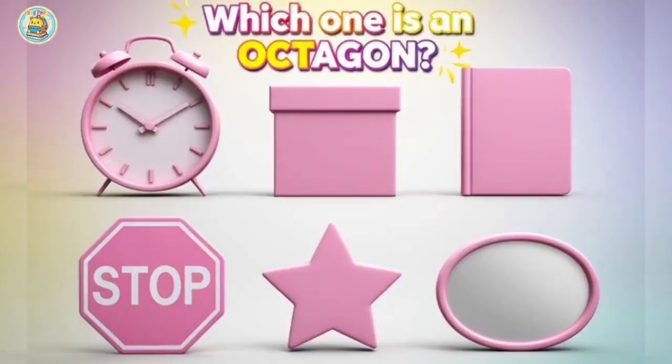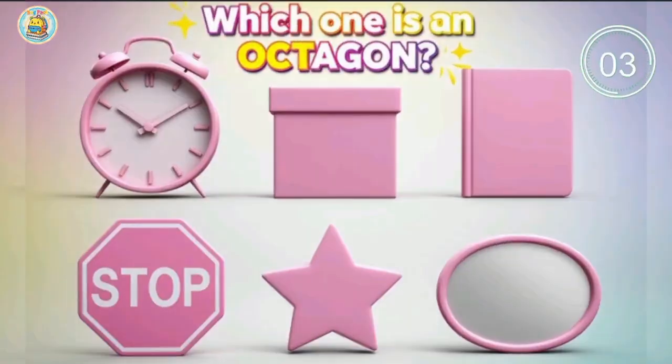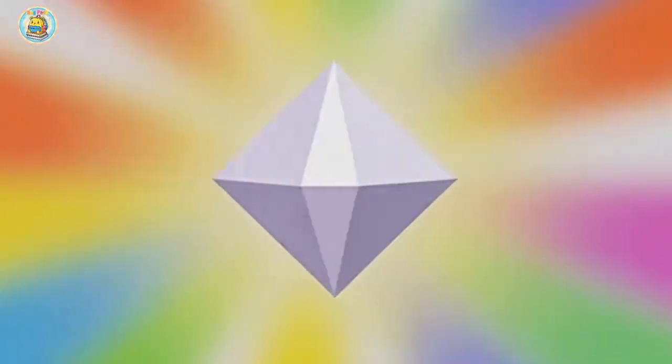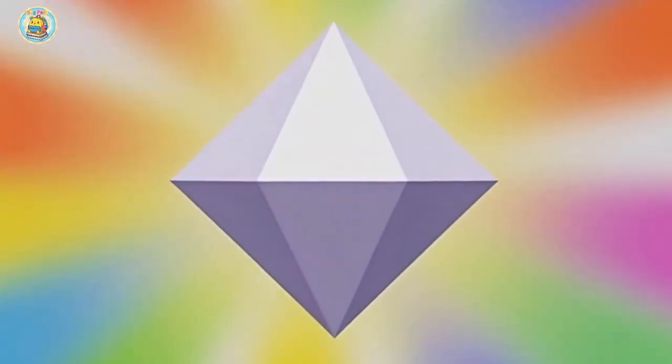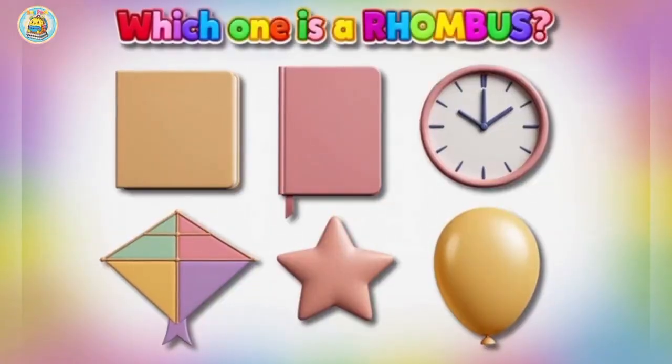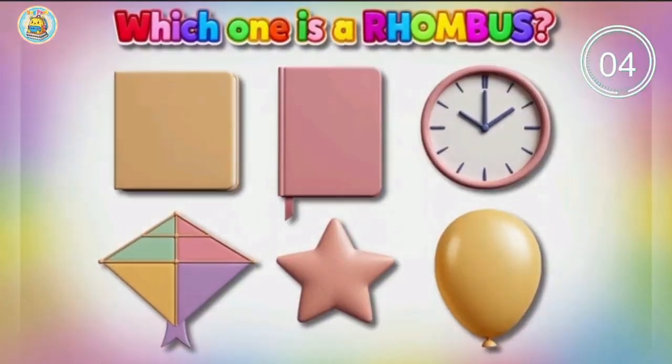Octagon. Which one is an octagon? 5, 4, 3, 2, 1. Rhombus. Which one is a rhombus? 5, 4, 3, 2, 1.